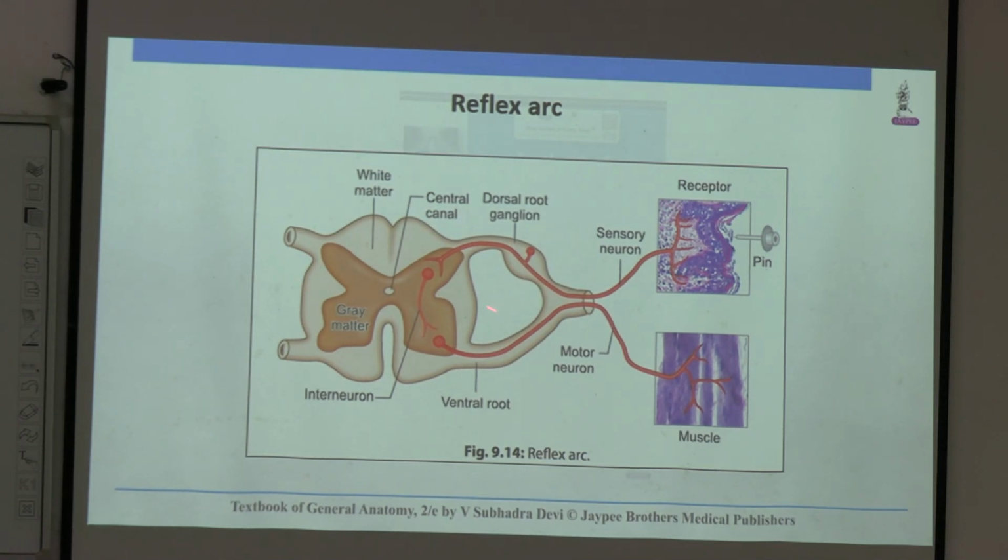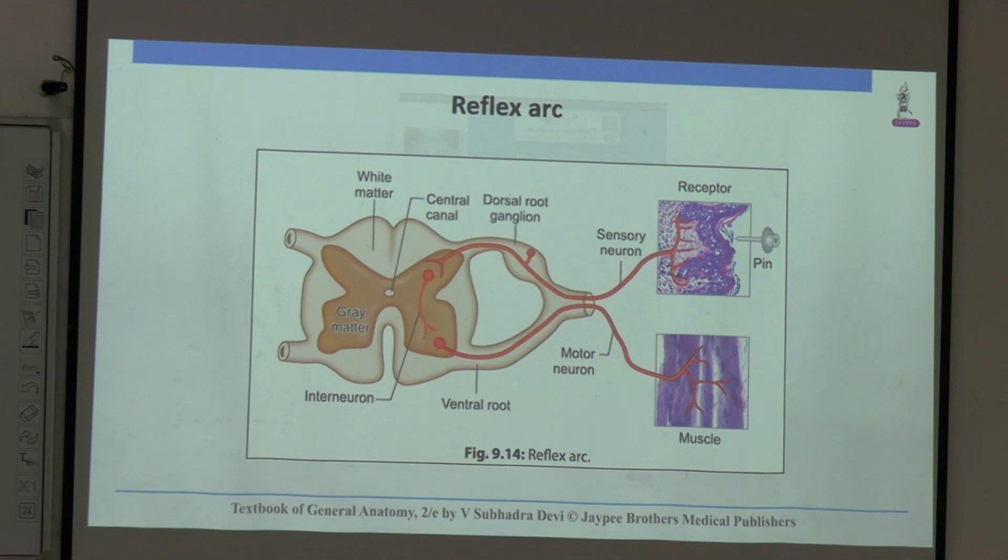It will recruit the motor nerves through the same central nervous system and recruit the muscles, and the muscle moves out. Together they perform this action, the stimulation and the moving away. We call this a reflex arc. So sensory and motor work together, controlled by the central nervous system, the brain and the spinal cord, to work efficiently for any action.